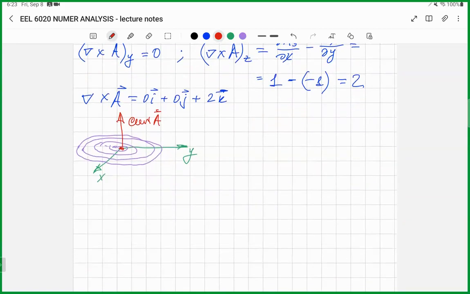So yeah, we can use the curl to describe the solenoidal field, the field with vortices, rotations, etc. So when we were talking about divergence, after introducing divergence, we also discussed flux, right?